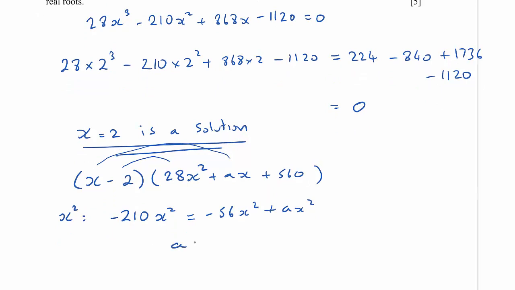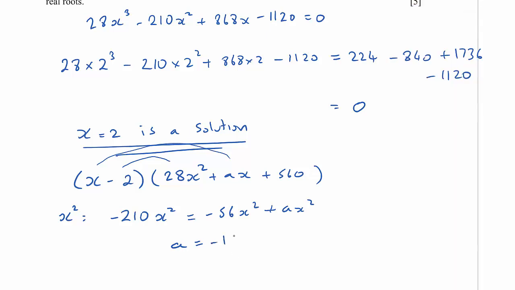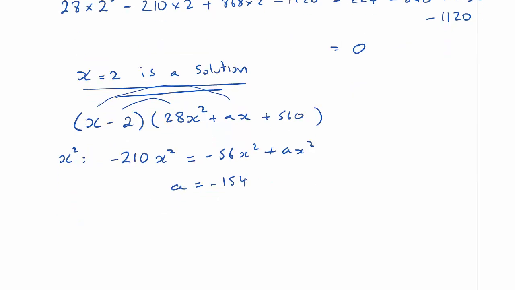So that would give us a is negative 210, add 56, which is negative 154. So the quadratic is 28x squared, take away 154x plus 560.